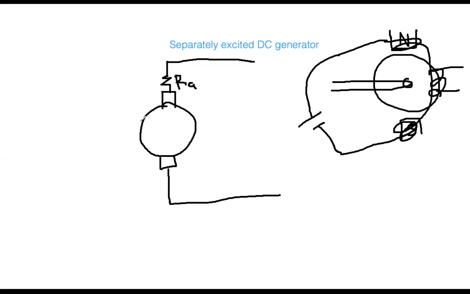Here I am representing the armature; I am not showing the coil, but the coil has a small resistance, which is the RA that I am showing. These two symbols, the rectangular or square boxes, represent the carbon brushes.